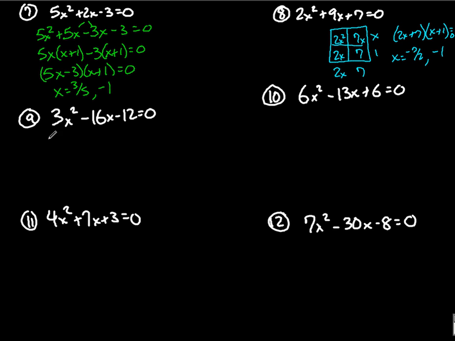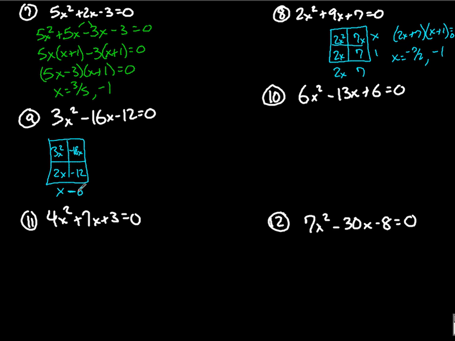Alright, I'll do a table again for number 9. I'll have 3x squared and negative 12. So factors of 36 that subtract to give you 16. That's going to be 18 and 2. And we have a negative 18 because we want a bigger negative. Going up and down, I'll pull out just an x. And when I go up and down here, I'm going to pull out a negative 6.